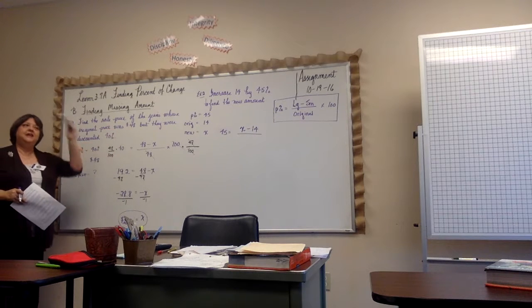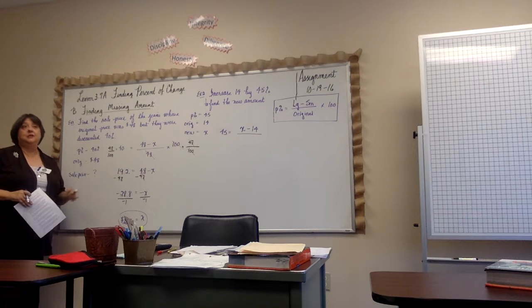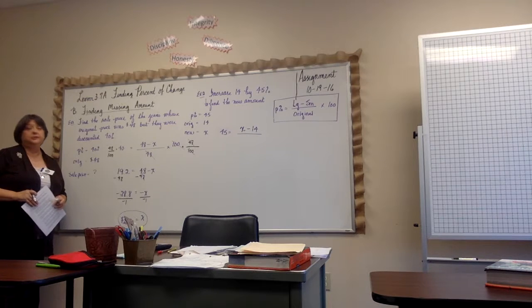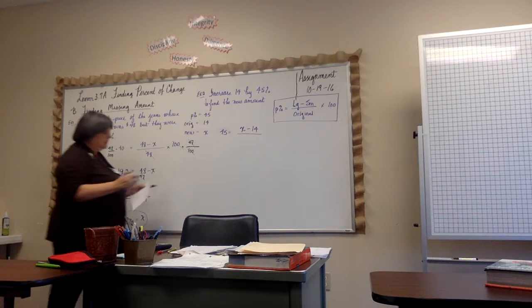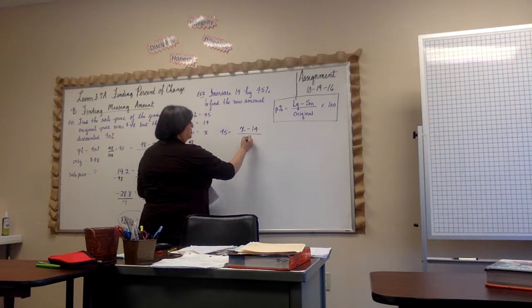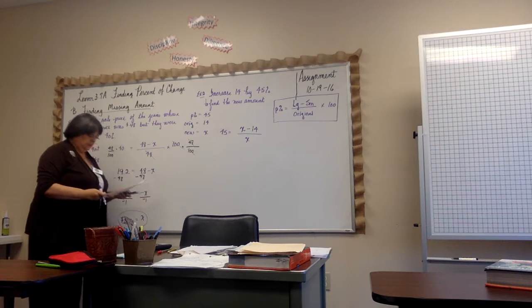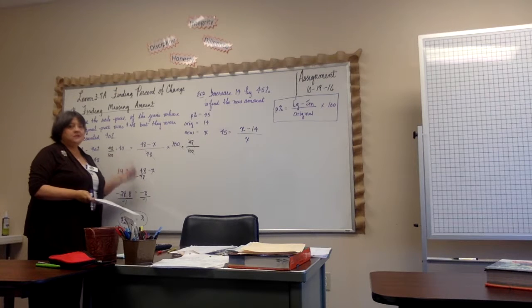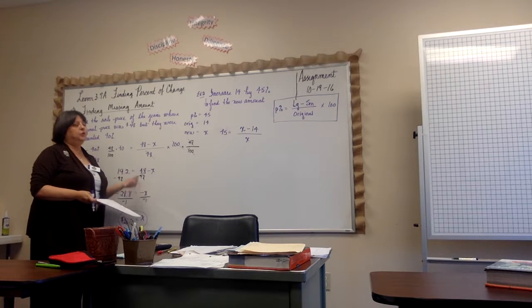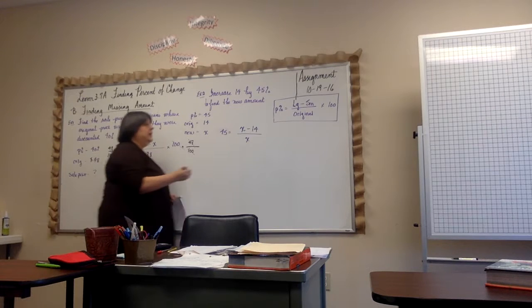Increase problem, the X comes first because it'll be the larger of the two. And then that goes underneath because it was the original. So it's original minus new, old, or large minus small over the original, and then times.